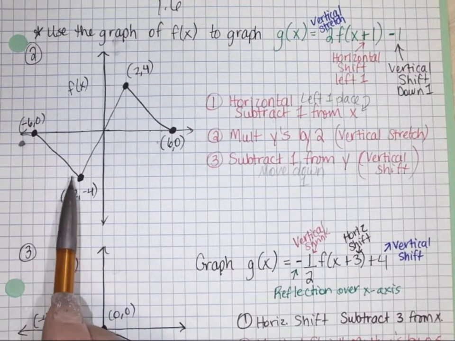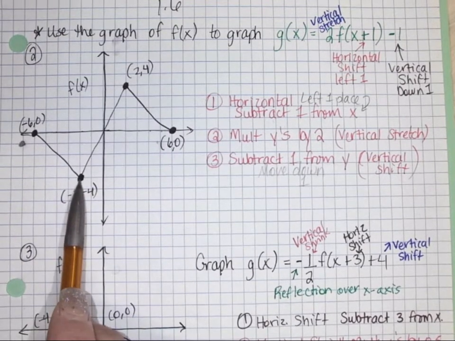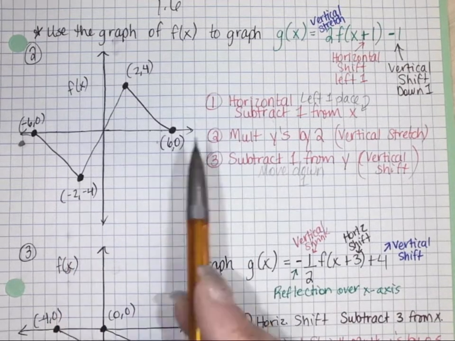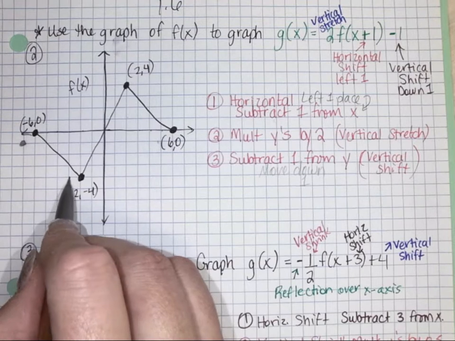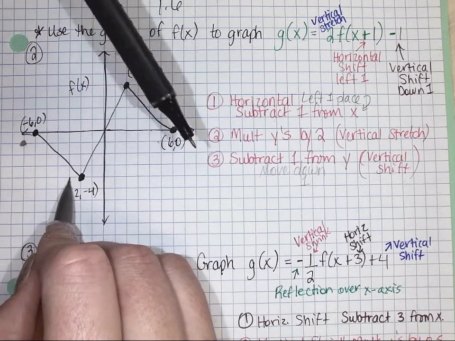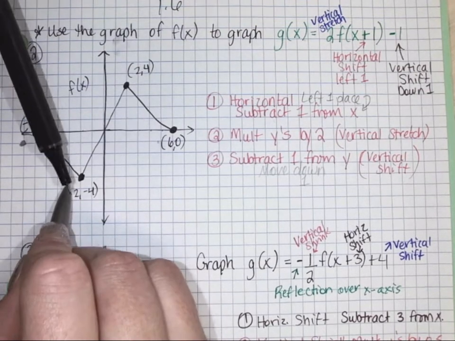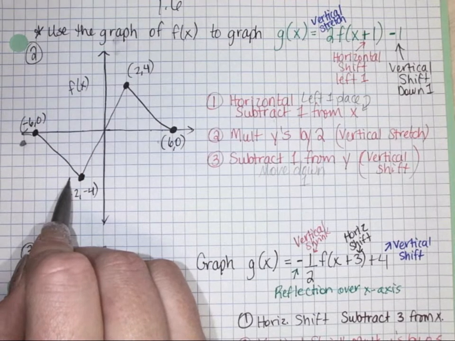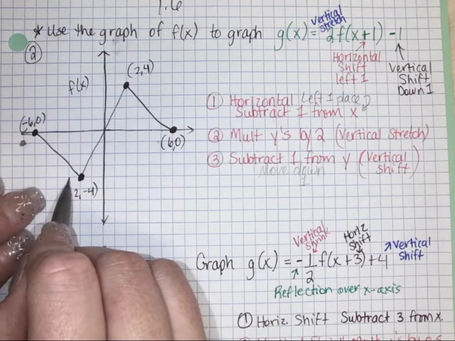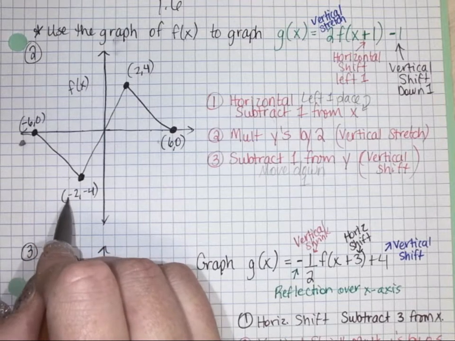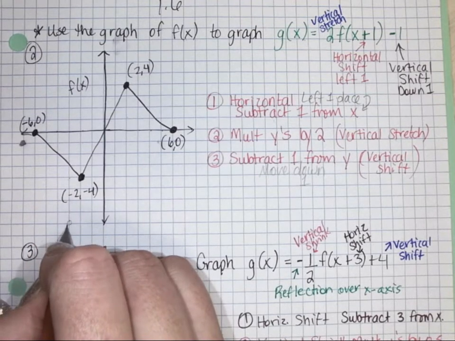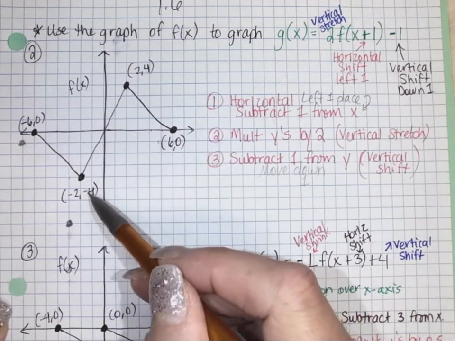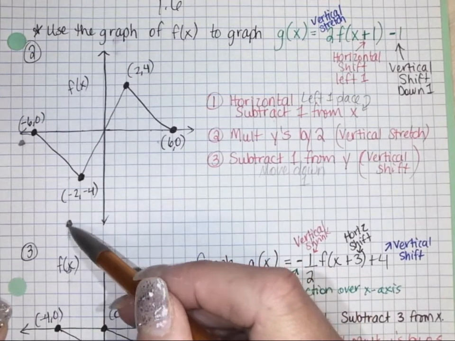Let's do the same method here. So moving this point, I got 3 things to do. Let's move it left one place. So I'm here. Then if I multiply my y, which is -4, by 2, I get -8. So then I have to move this point down 1, 2, 3, 4 more points, because I'm doubling it, and this y value now becomes -8.